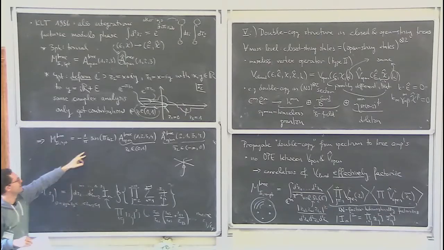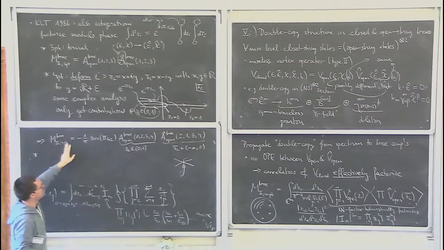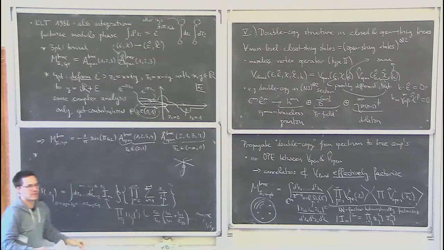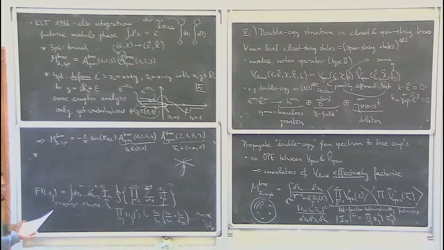Yeah. So the subtlety of the phases are in this sine function. Okay, so now also at 4 points, we have effectively reduced the closed string amplitude to a product of open string amplitudes. But as you see, there is a bit of decoration that descends from the monodromy phases. And these basic techniques, so again, it's probably rewarding if you go to the KLT paper from '86 and go through the details.